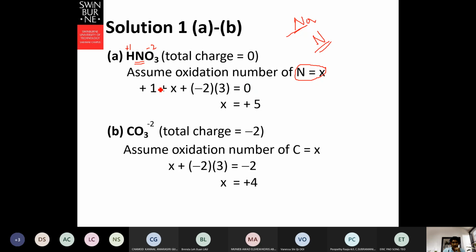So let's say nitrogen is X, we are considering the oxidation number. From the same equation, we find the nitrogen oxidation state is positive 5. And same goes for the carbonate ion, only the total oxidation number is equal to negative 2, unlike 0 here.